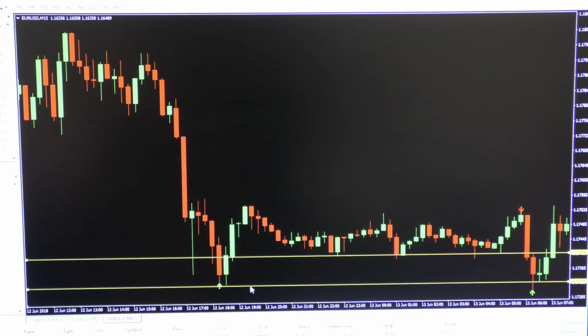This is your stop loss, okay? Now you went long here and you are in the trade.